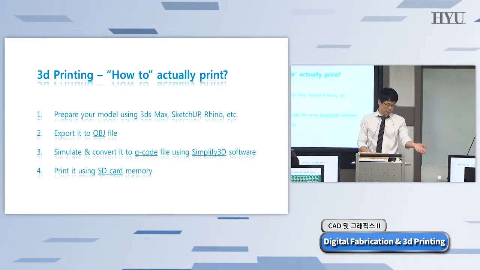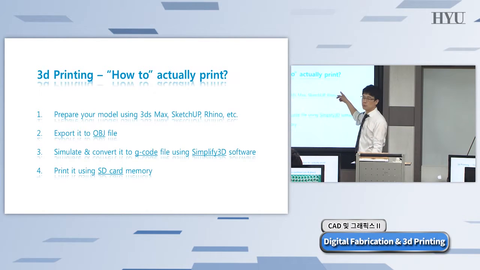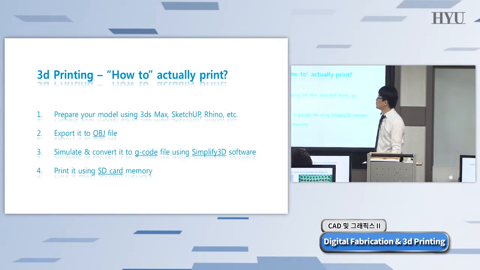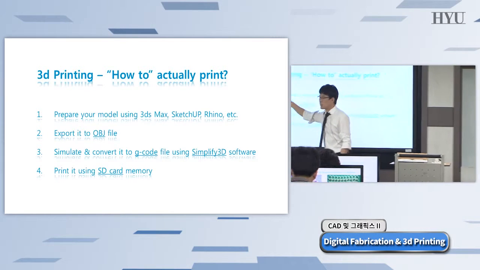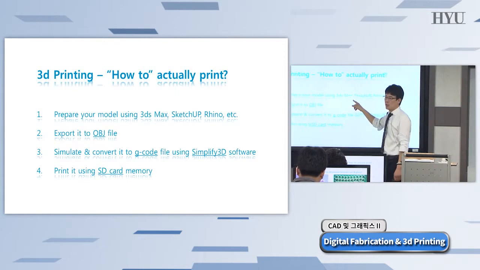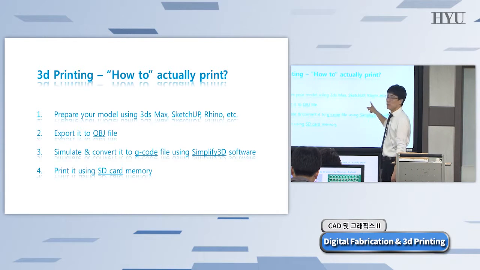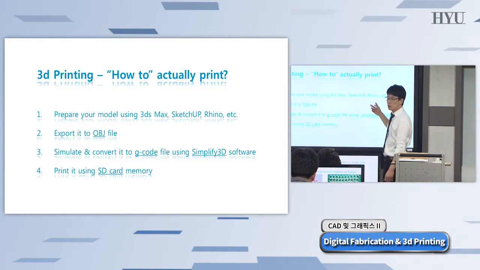So at the end, let me quickly show you some actual how-to, okay? How to actually print using 3D printers. It's a very simple mechanism. Take a look at those 4 processes. Firstly, prepare your model, okay? Anyway, you have to make your model or scan your model using 3D Max, a 3D scanner, SketchUp, Rhino, whatever, okay?